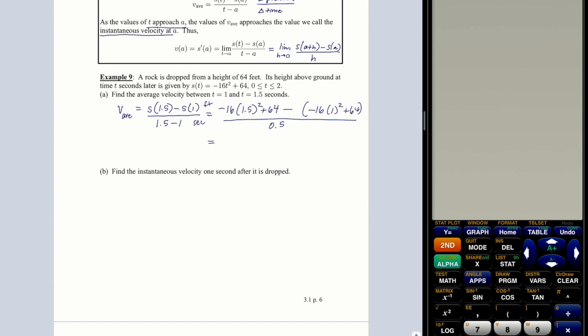I'm not going to type that, plus 64. I can see that the 64 minus 64 will cancel out to 0. So I've got negative 20. That makes sense because the position should be dropping, and divided by 0.5. So it looks like negative 40 feet per second.